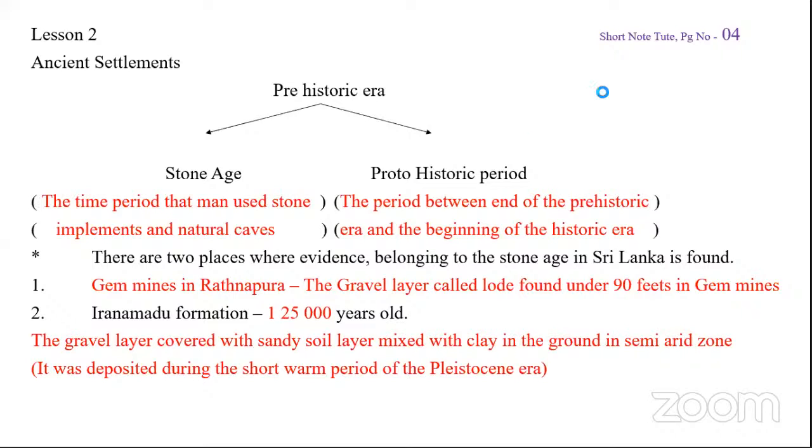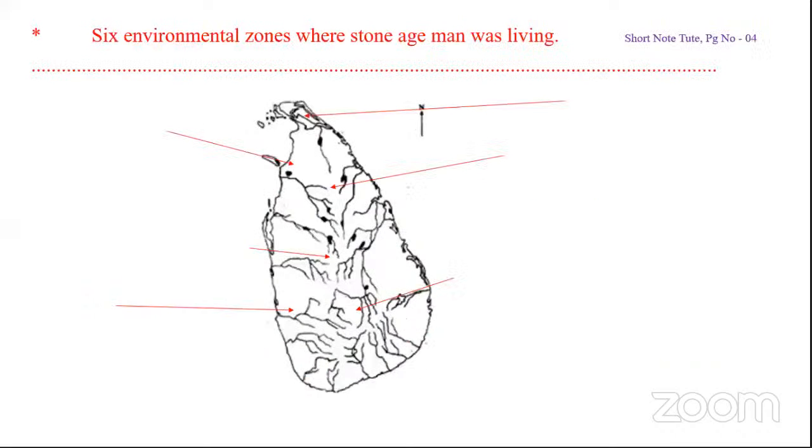Now these people were living in 6 environmental zones. So what are these 6 environmental zones? Now we'll see the first one, the arid zone. Arid zone means the zone or the area where they have to use water carefully. Second is the semi-arid zone.